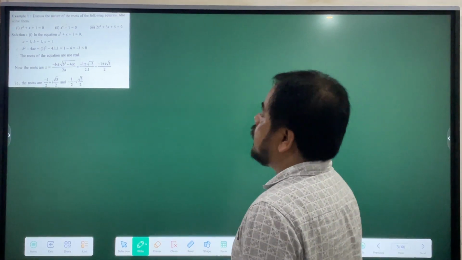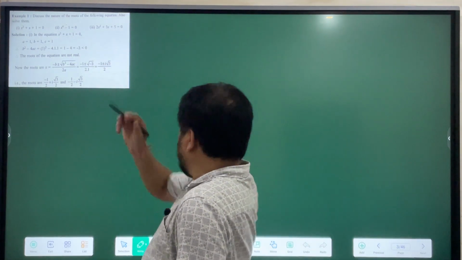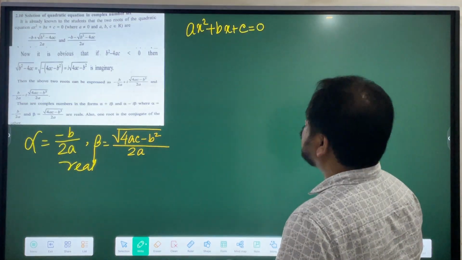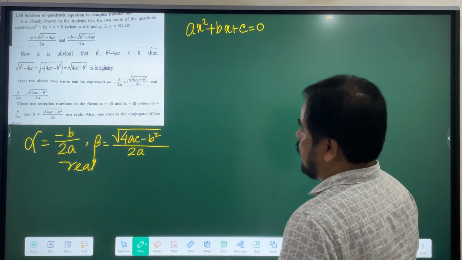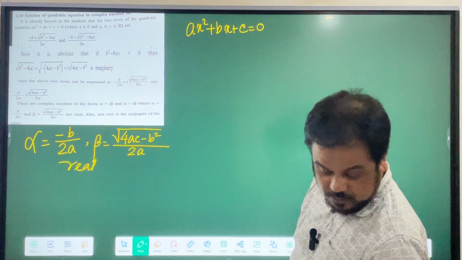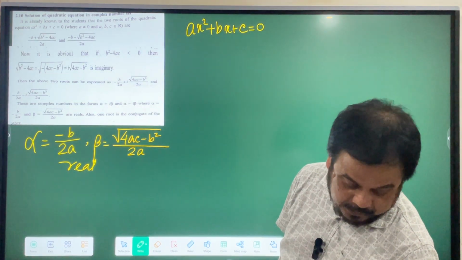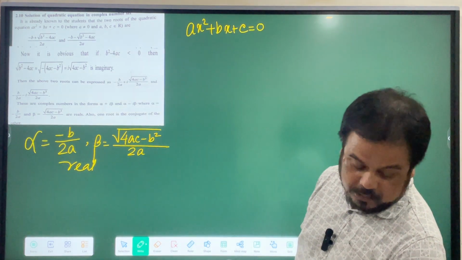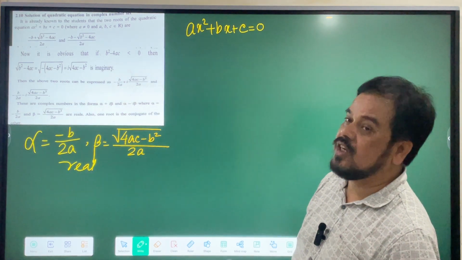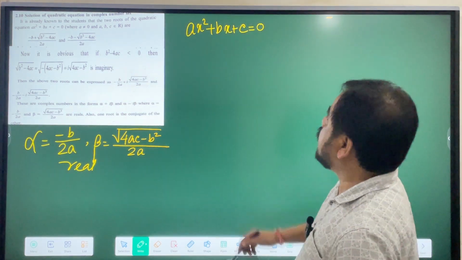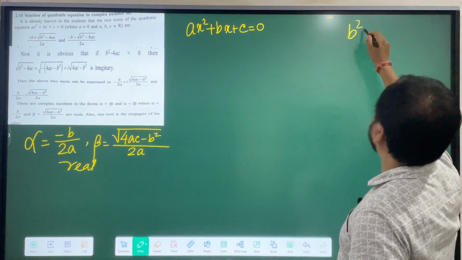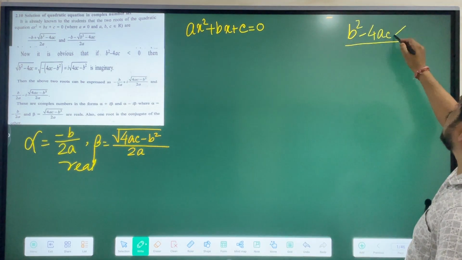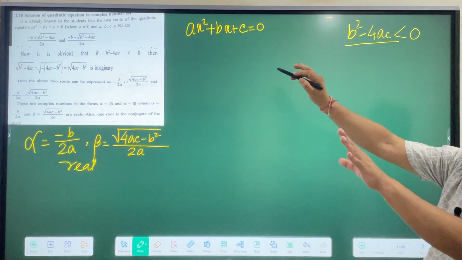Okay, example number 1. What we have discussed in the previous one is that if b square minus 4ac is less than 0, there will always be imaginary roots, that means complex numbers. So b square minus 4ac is the important part for us: only if it is less than 0 will we get imaginary roots, otherwise we will not.